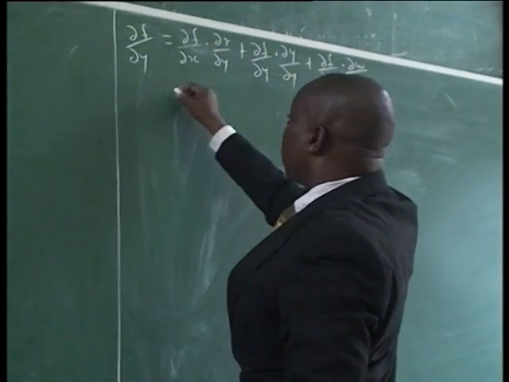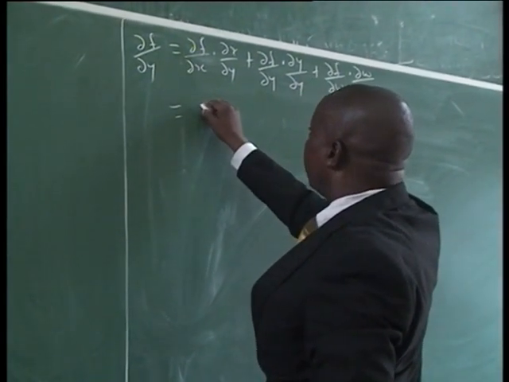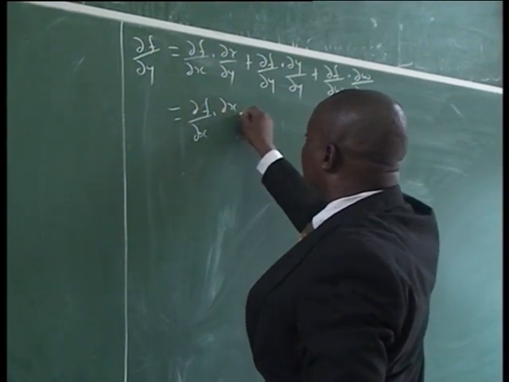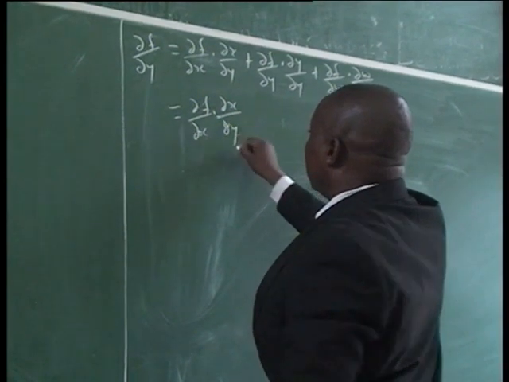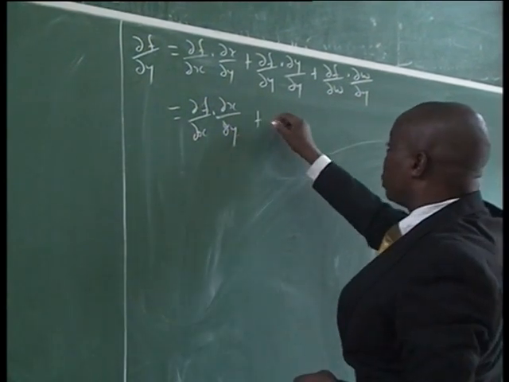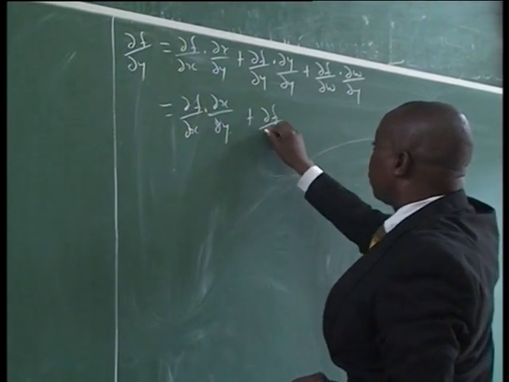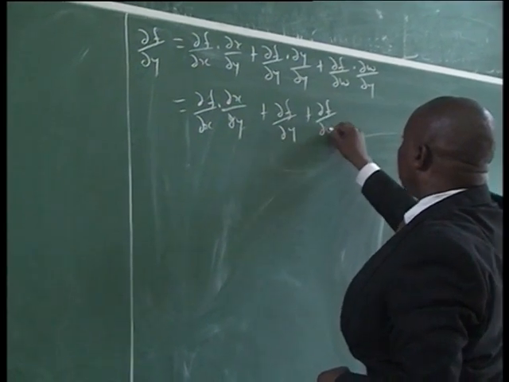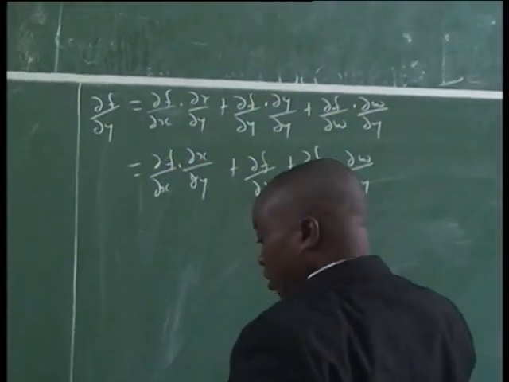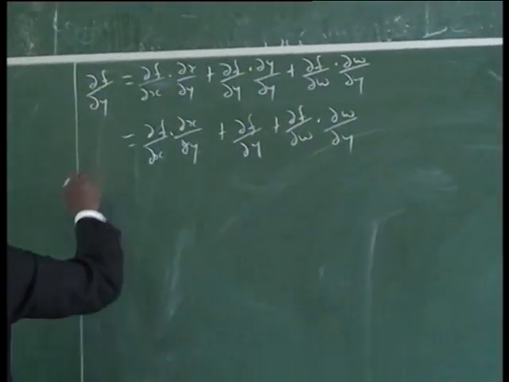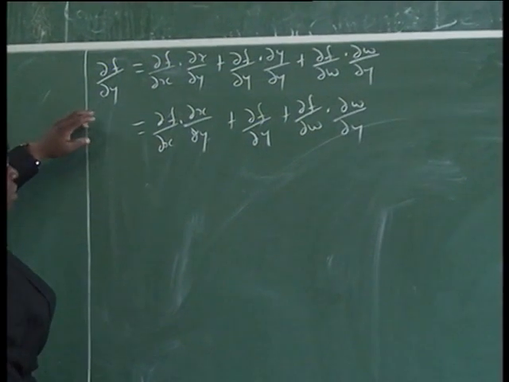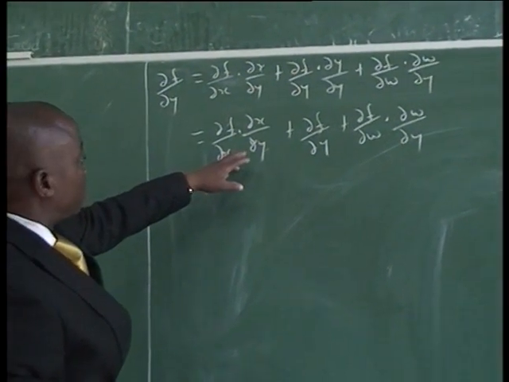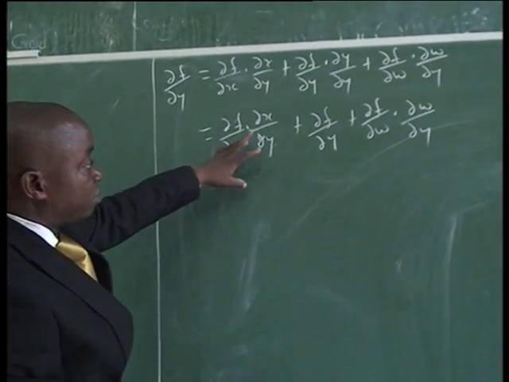So if I do that, I will have partial f, partial x times partial x, partial y, though I will put 0, but I want to show the definition. This can cancel, so we have partial f, partial y plus partial f, partial w times partial w, partial y. Okay, so now this is 0, and we let partial x, partial y also become 0.